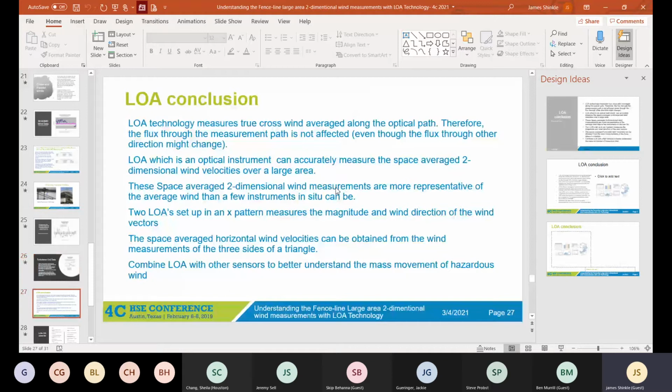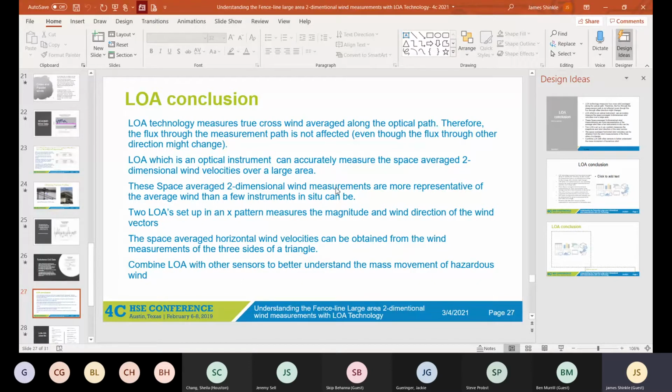So when you think about LOA technology and how to use it, we're measuring crosswinds averaged along the optical path. Therefore the flux through that measurement path is not affected, even though the flux through another direction might change. LOA is an optical instrument that can accurately measure the space-averaged 2-dimensional wind velocities over that large area.